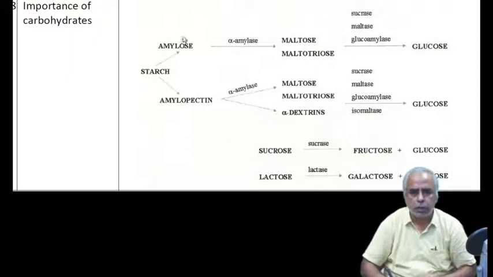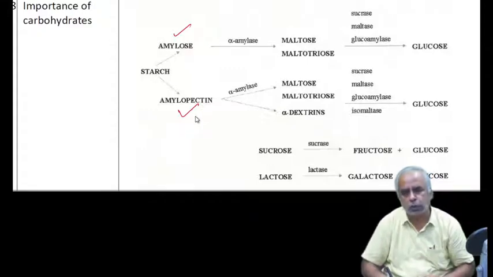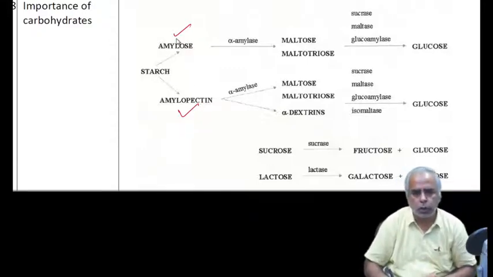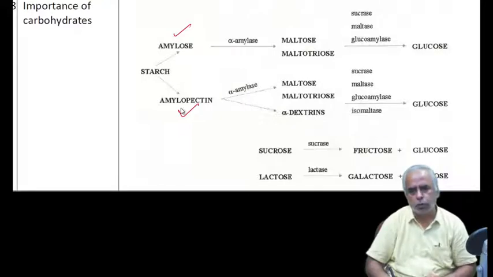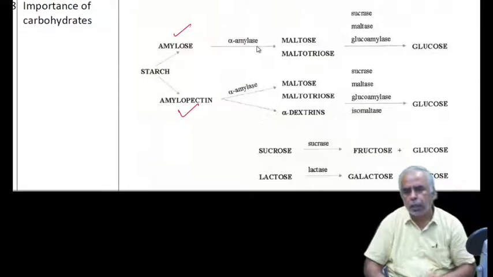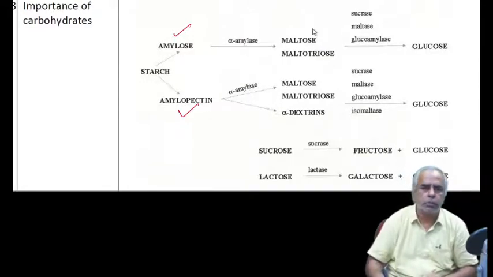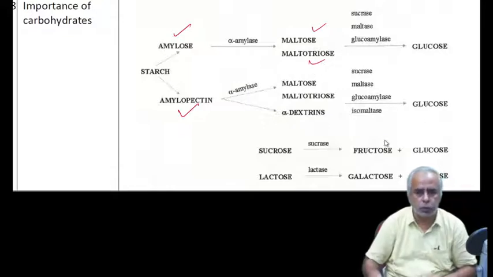The starch consists of two types of structure, amylose and amylopectin. As I already mentioned, amylose is a straight chain polymer. Amylopectin is a branched one, cross-linked one. This is soluble in water, this is not soluble in water. So on hydrolysis, we are able to break the alpha glycosidic linkage. So it results in maltose and maltotriose.